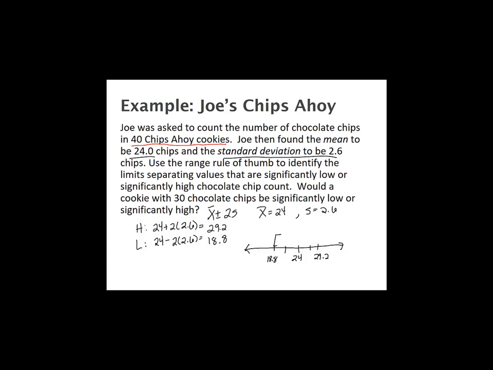And everything between 18.8 and 29.2 is considered a usual value. So 30, notice once again, lies to the right of that upper boundary of 29.2. So it is not in between 18.8 and 29.2. It lies to the right of those boundaries. So we're going to say that this is, yes, significantly high.